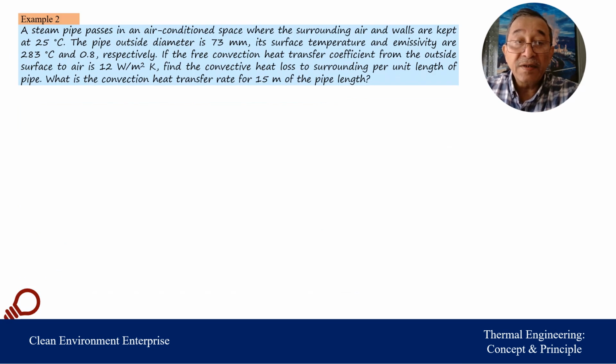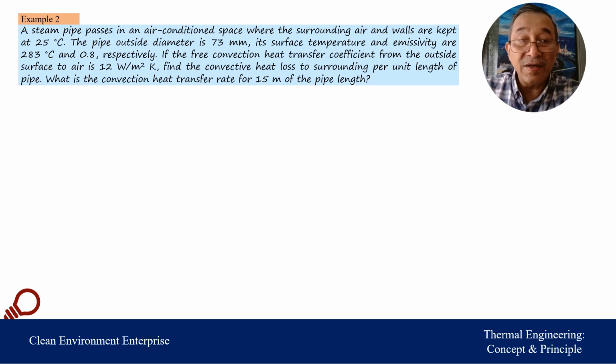Here we have another example where steam passes in a pipe, and the pipe passes in a room where it is to be heated or kept warm, or maybe this pipe is passing for another utility.